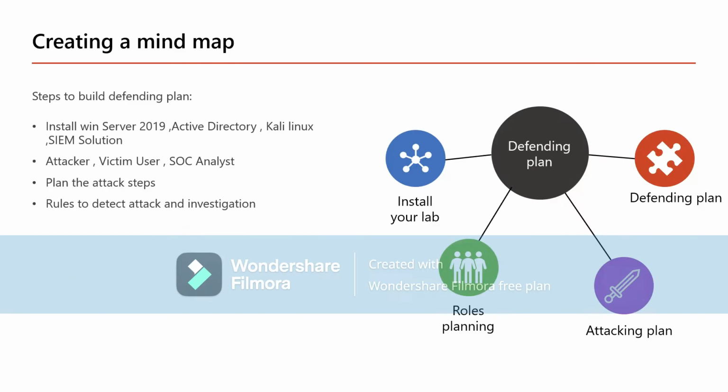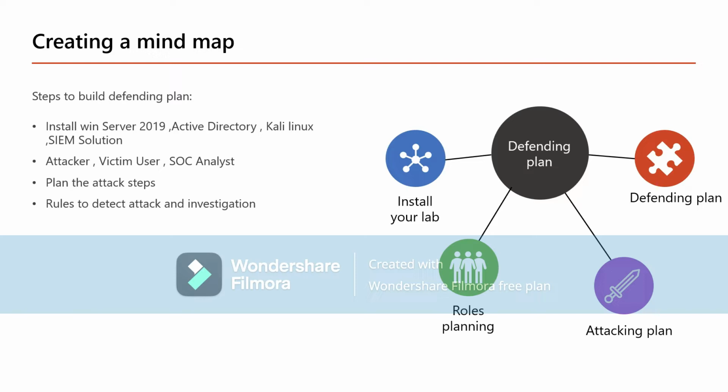So let's get started. This is our mind map we are going to walk through during our lab. We are going to install Windows Server 19 and create Active Directory on the server, and we are going through Kali Linux and a SIEM solution.